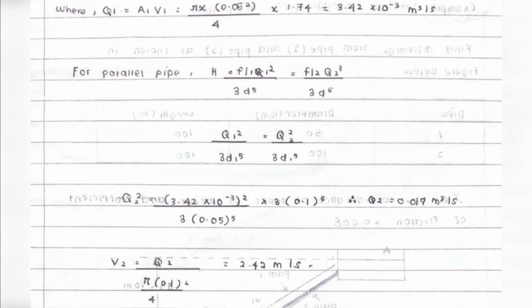For parallel pipes, H equals f L1 Q1 squared divided by 3 D1 to the power of 5 equals f L2 Q2 squared divided by 3 D2 to the power of 5. So the answer is Q1 squared divided by 3 D1 to the power of 5 equals Q2 squared divided by 3 D2 to the power of 5.